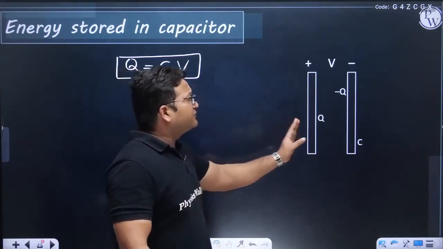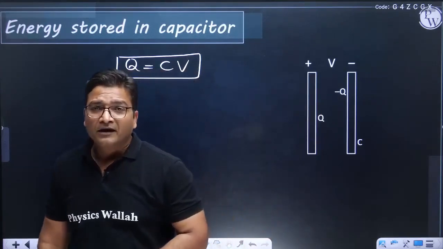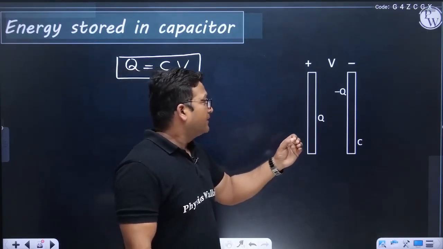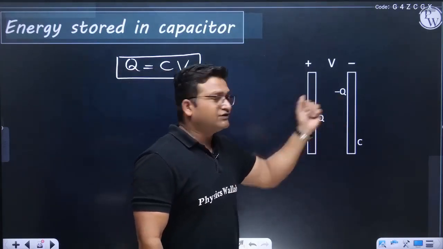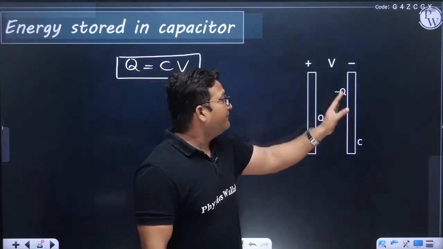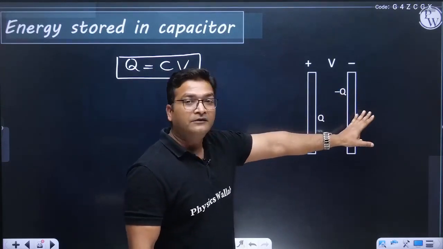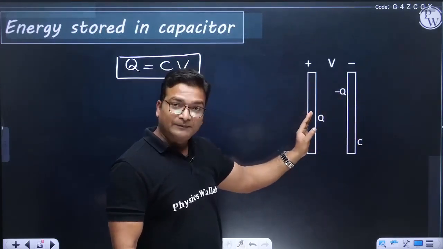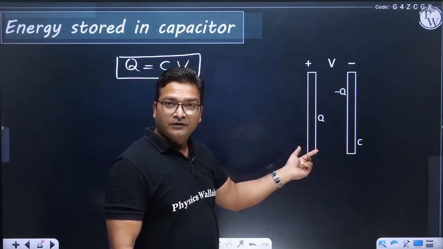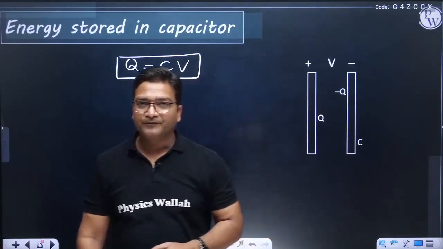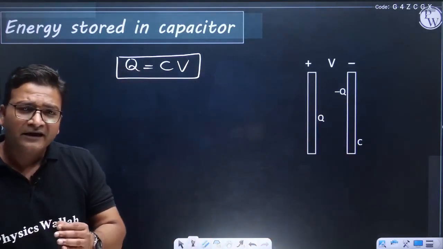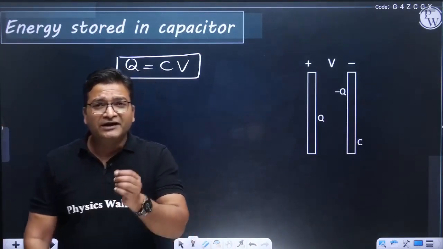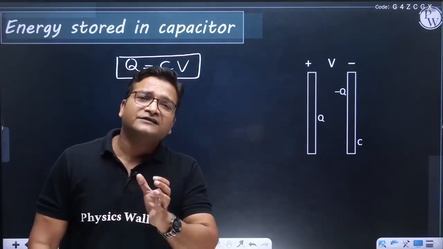Suppose initially there was no charge on the capacitor and we produced this charge by shifting Q charge from this plate to this plate, so this becomes positive Q and this becomes negative Q. But suppose this was done in very small steps where small charges like dq, dq, dq were transferred slowly.